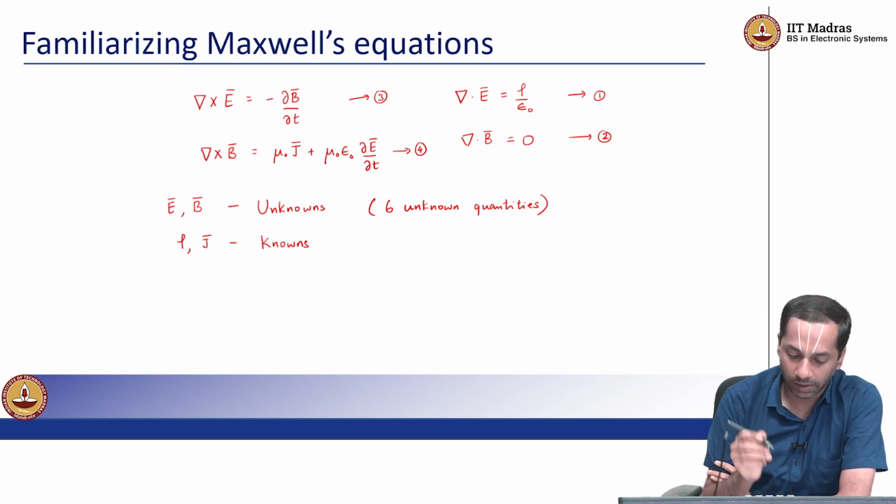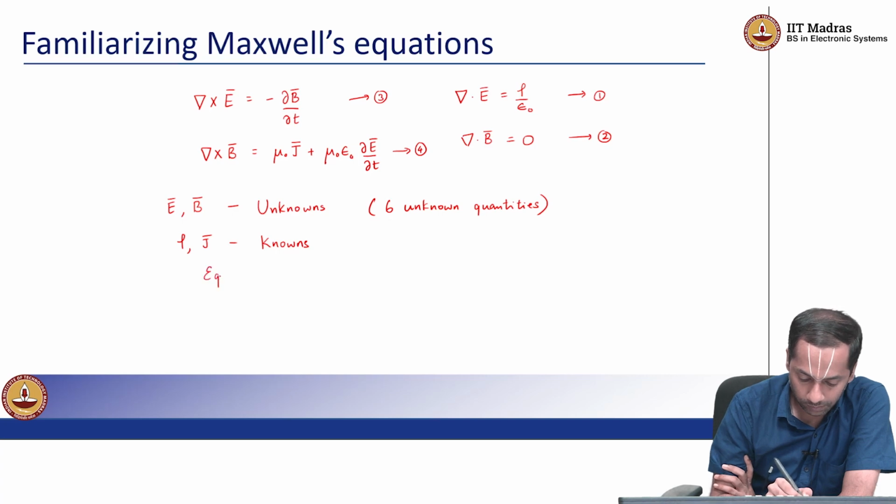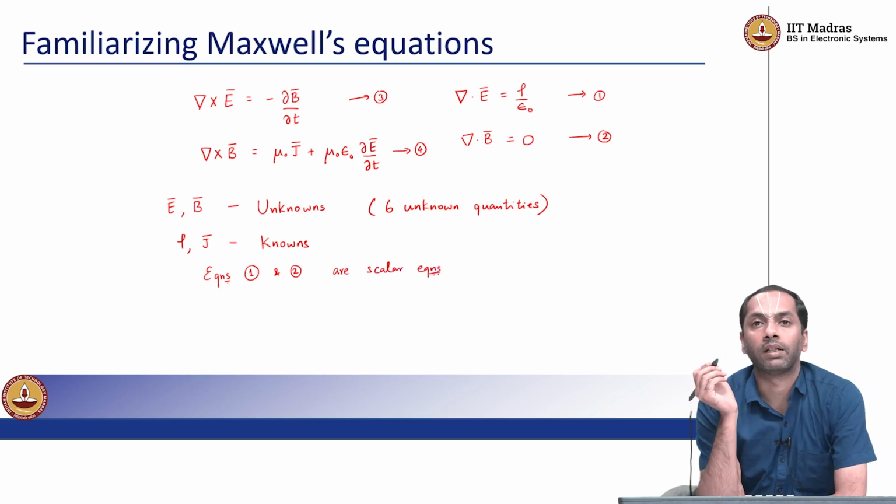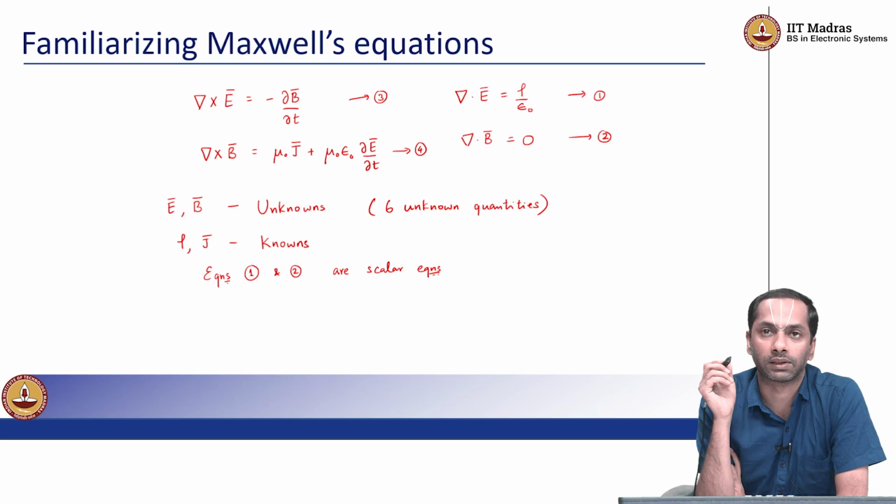So equations 1 and 2 are scalar equations, which means that they contribute to only 2 equations. So equations 1 and 2 are just as they are, 2 equations for our 6 unknowns. Now we have to find 4 more equations, right?